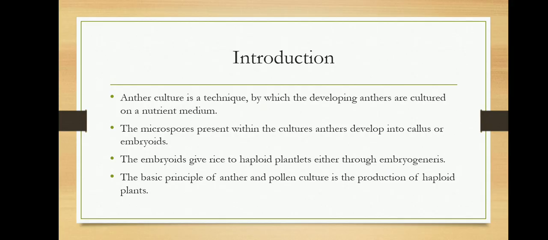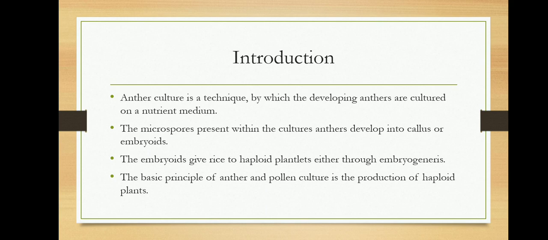Here the microspores which are present within the cultured anthers are developed into callus or embryoids, and these embryoids can give rise to haploid plantlets either through organogenesis or through embryogenesis.